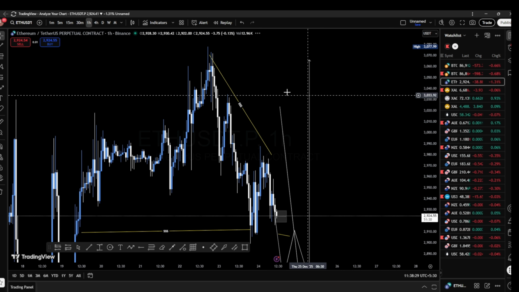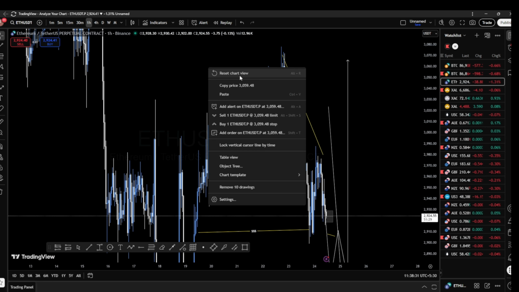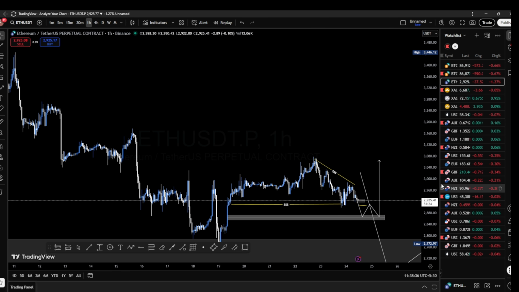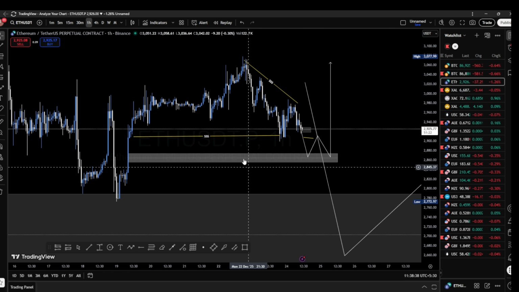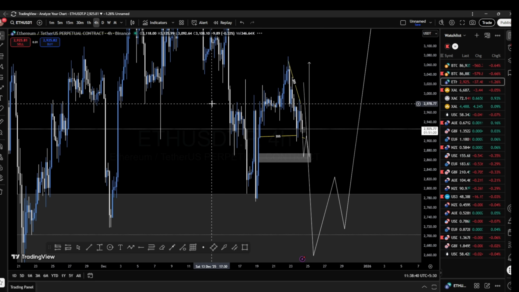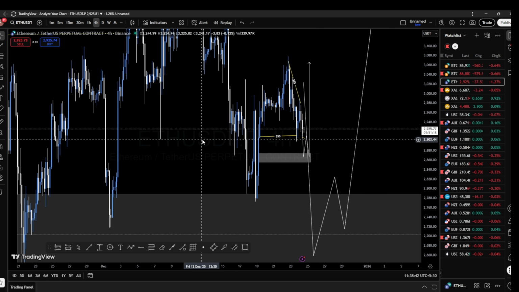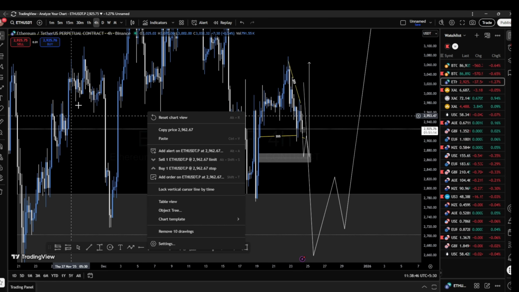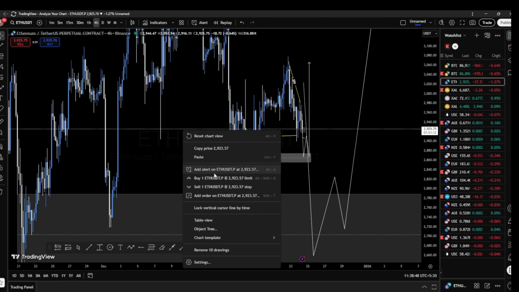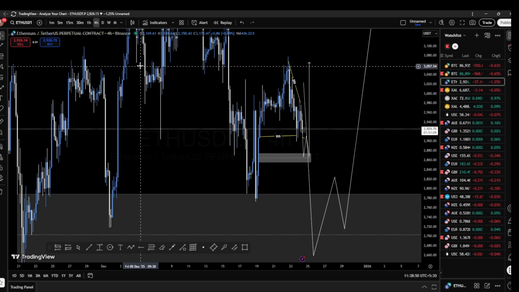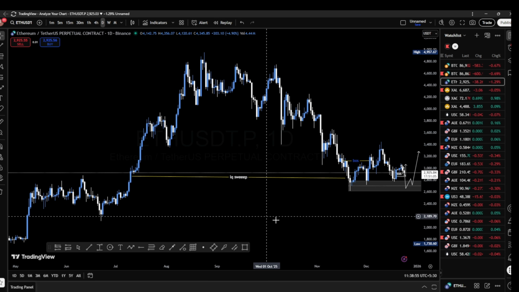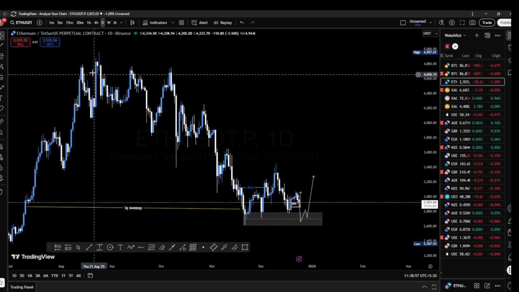Let's talk about Ethereum. What's going on in Ethereum? In Ethereum we can see the market is the same as BTC, because Ethereum always follows BTC. So let's talk about what's going on in the daily trend. I will mark the liquidity sweeps and break of structure like BTC.